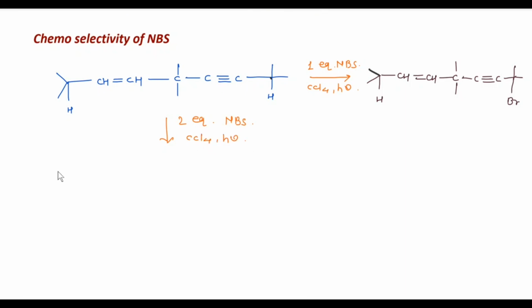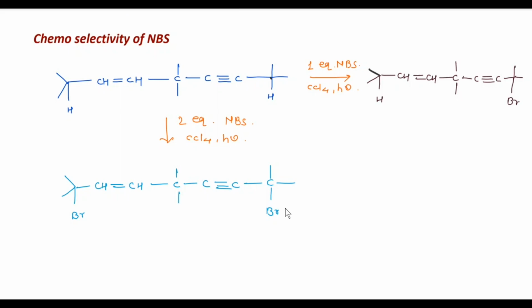we get replacement of the alpha hydrogen of the carbon-carbon double bond and carbon-carbon triple bond by bromide. The carbon-carbon triple bond alpha hydrogen is replaced by bromide first in this reaction due to bond energy differences.